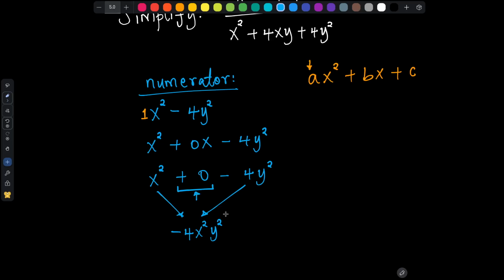In this case, two such terms are 2xy and negative 2xy. When we do 2xy times negative 2xy, we get negative 4x squared y squared, and when we add 2xy plus negative 2xy, we get the middle term, which is 0.